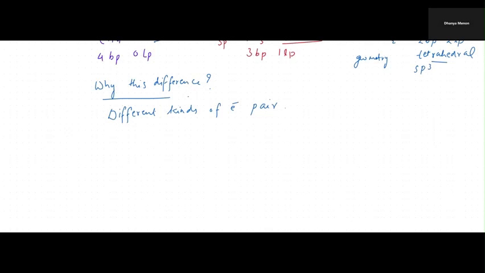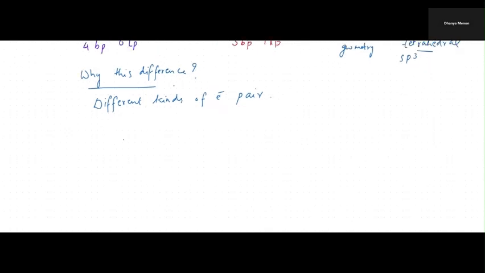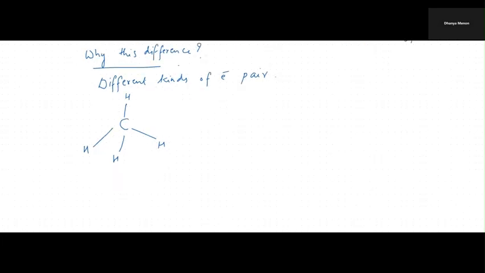Okay, so coming to methane. This is the methane, tetrahedral geometry of methane. Now, this is one bond pair. This is another bond pair. This is another bond pair.